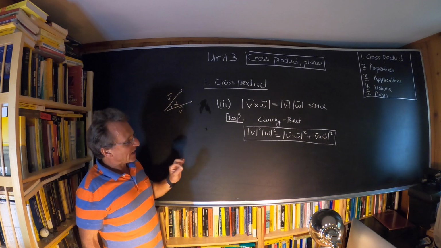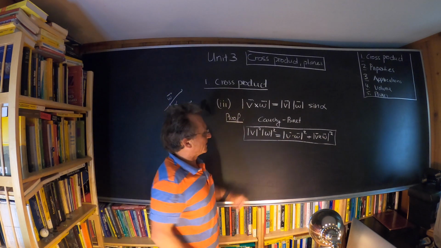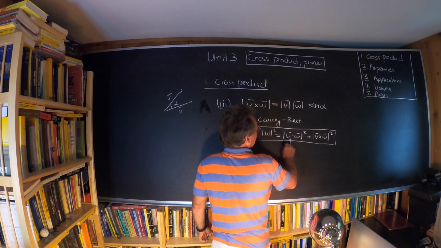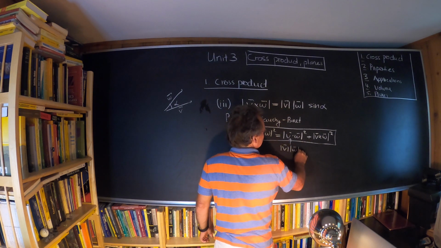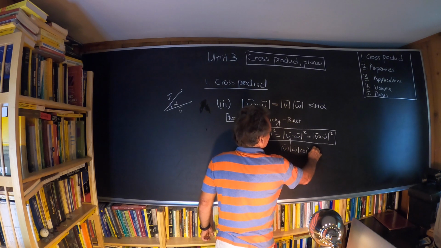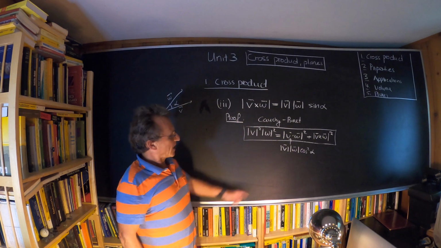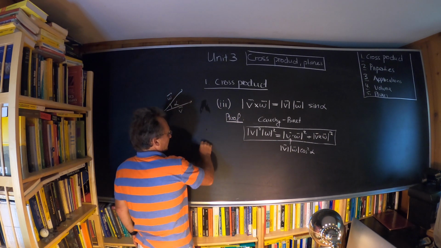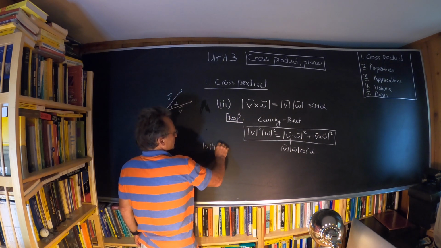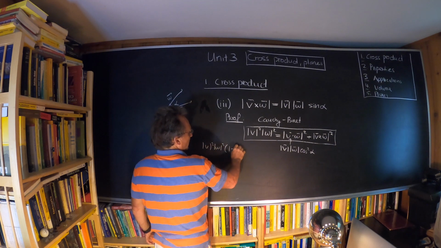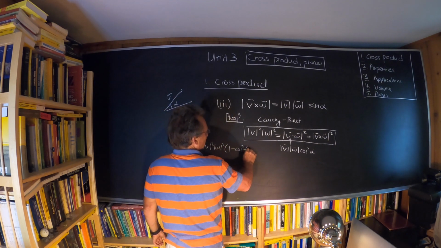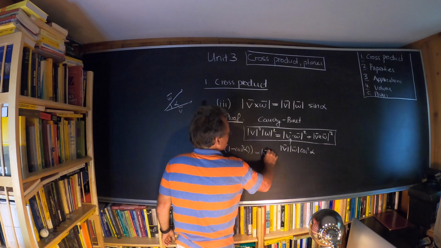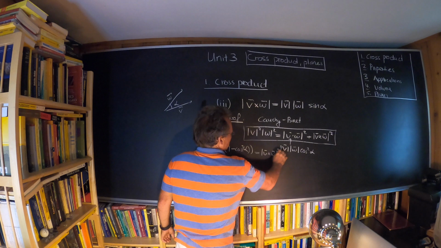Now, once we have that, we already know what this is here, right? This is actually just V times W. From last time, we know that this is equal to cosine square alpha. Now we can take that on the other side, and we see that V square W square times 1 minus cosine square alpha is just equal to V cross W square.